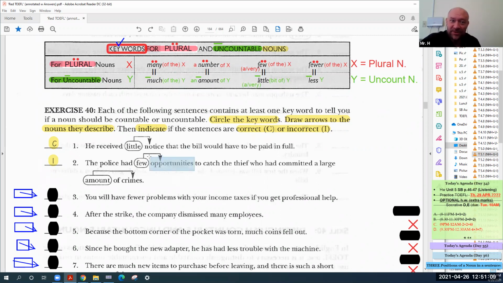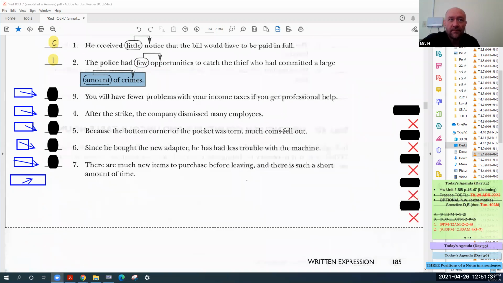So this is the correct keyword. So where is the problem? Amount. Large number of crimes. Exactly. Crimes is a countable noun, okay? Do you understand? Okay. All right, gentlemen, are you ready to start?